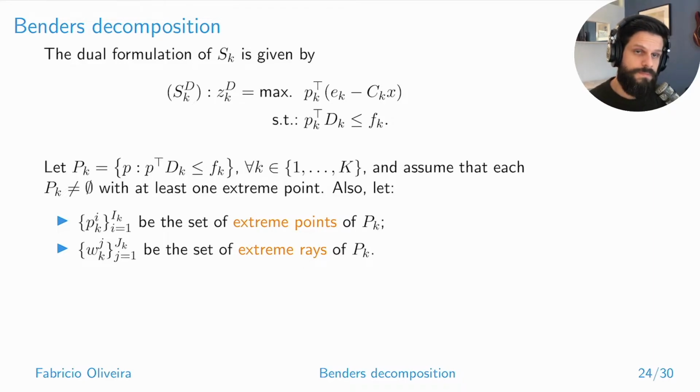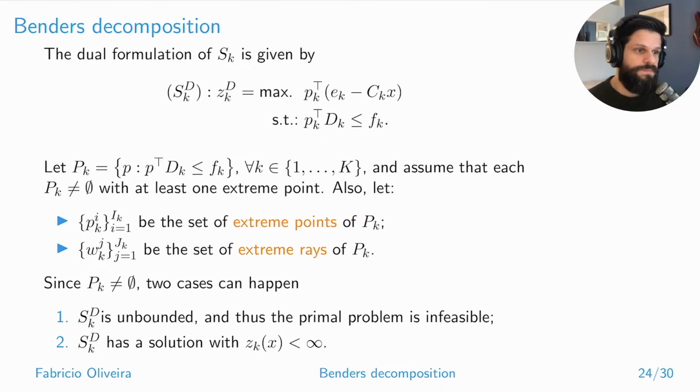All right. So once that is done, there are two things we can see whenever we solve the dual of the subproblem. Either the dual subproblem is unbounded, meaning that the primal subproblem is infeasible, and we've just found an extreme ray w for it.